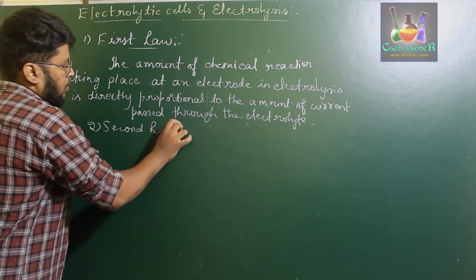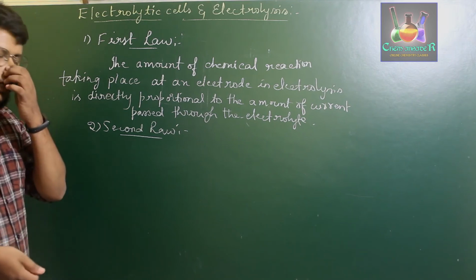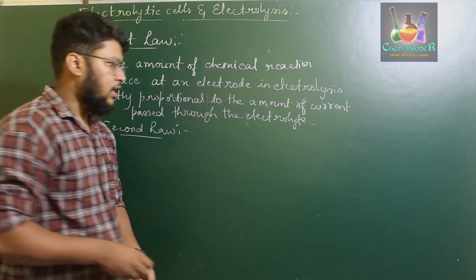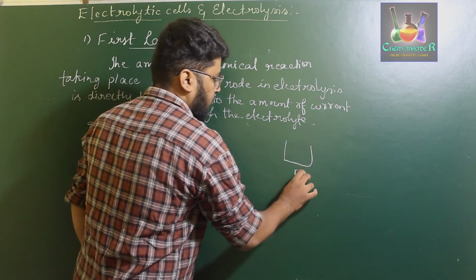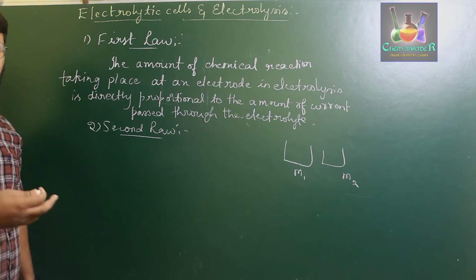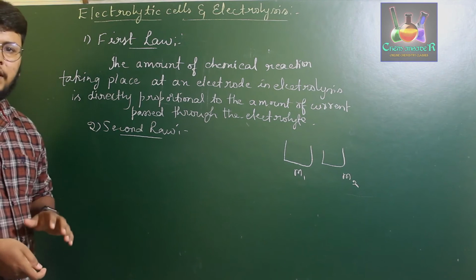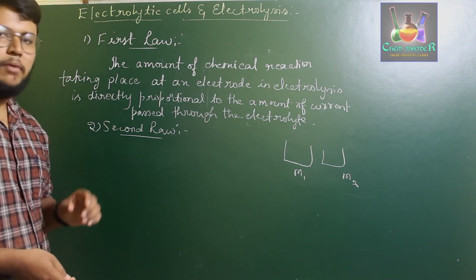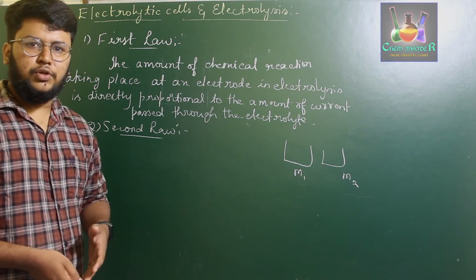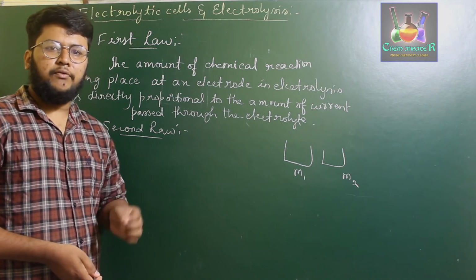he says that if you consider two different electrolytes of two different metals, let us say M1 and M2, on passing electric current they will be liberated depending upon the mass they have. So in the second law, Faraday stated that the amount of chemical liberated in a respective electrolyte of a metal or a molten solution will be directly proportional to the chemical equivalent weight of that particular metal.